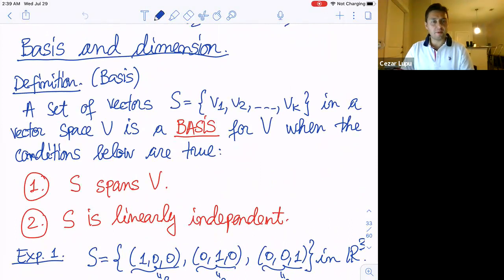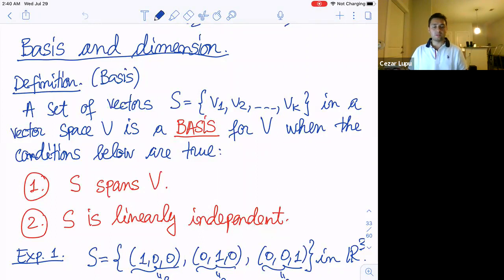So the definition of a basis: we have this set of vectors S, v1, v2, ..., vk, and this set of vectors is given in a vector space V. And we say that this set is a basis for V if the following two conditions are met.